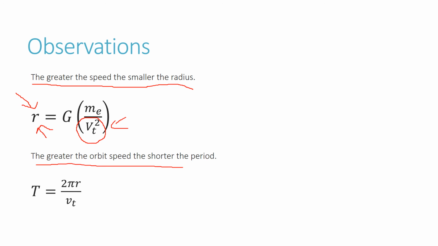As the speed decreases, the period's going to take much longer, and that's not only because it's going slower around. It's also changing the distance it's traveling. So those are just some simple observations about the general ideas behind this problem.